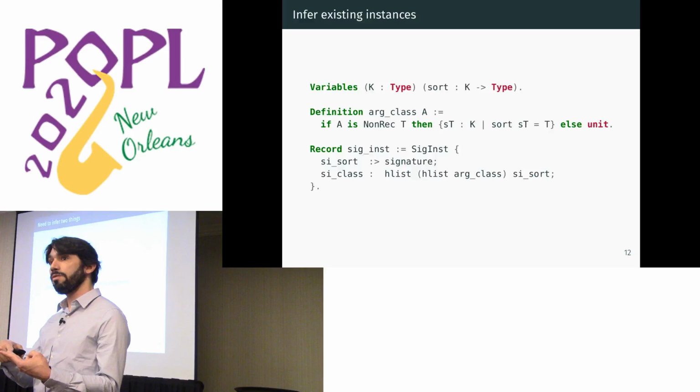So a signature class is simply a signature, the signature we extracted for the inductive data type that we are analyzing, plus a heterogeneous matrix of instances for the non-recursive arguments of that data type. And with a little bit of type class programming, like Gonthier and Mahboubi did, you can infer this thing without too much hassle.